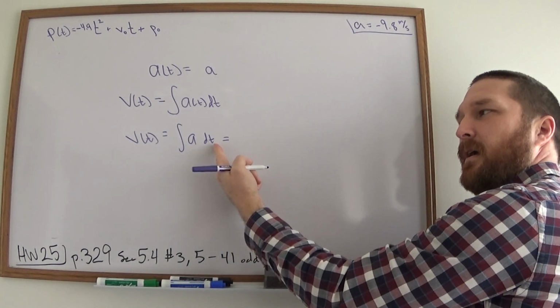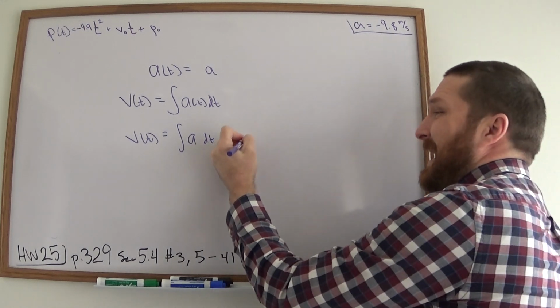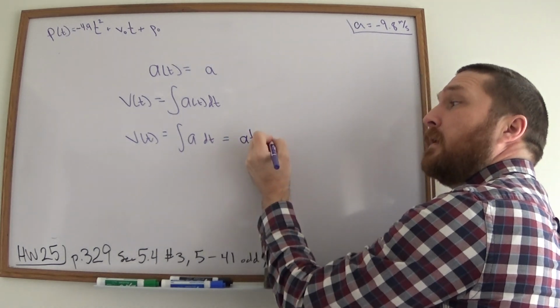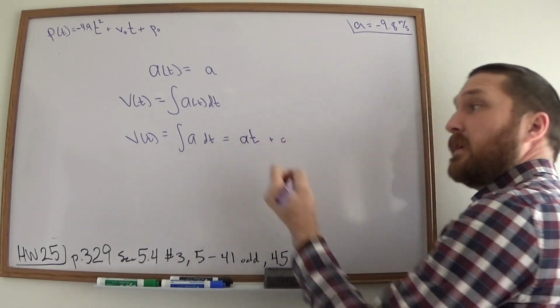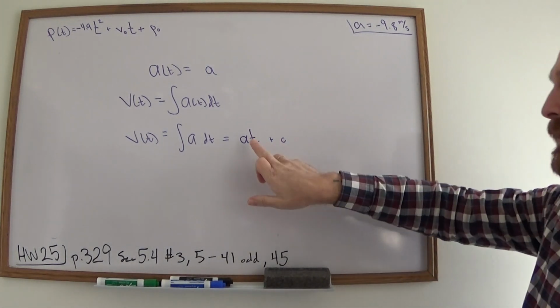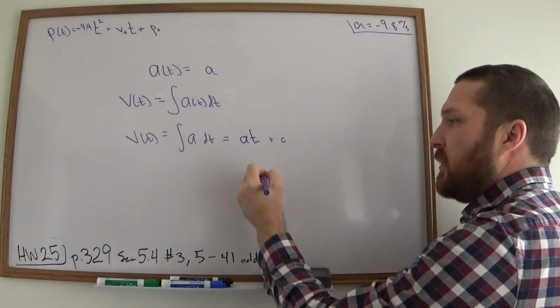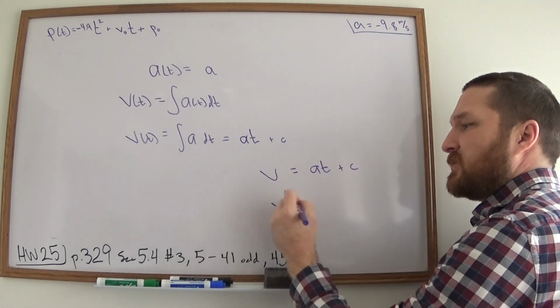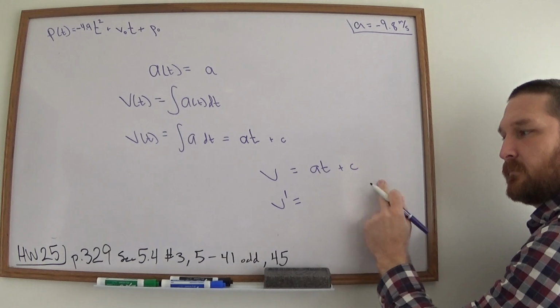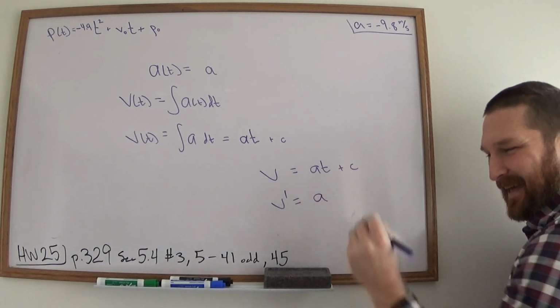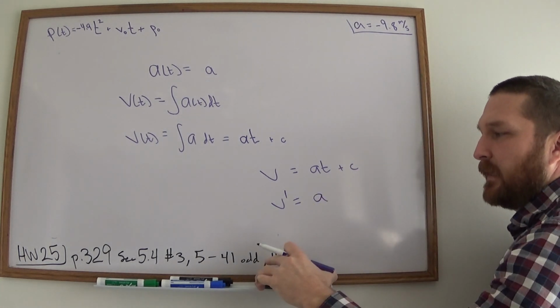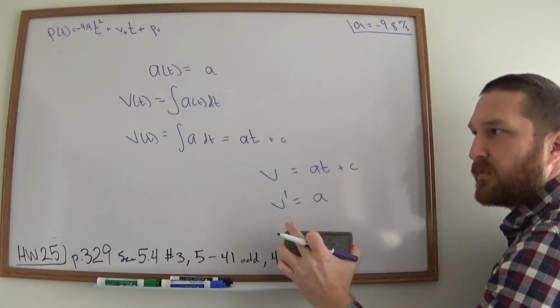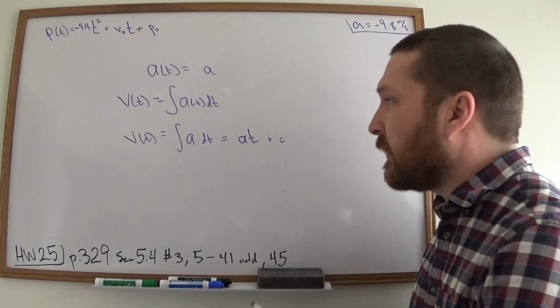A t. Aha! And now AT plus a constant, right? So now let's check it. We have some function AT plus C. Take its derivative, and what do we get? A, right? Okay. So that's good.